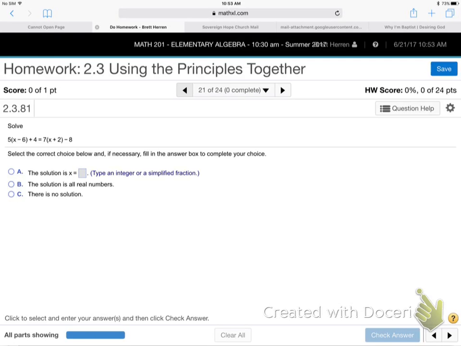Okay, 21. So I'll write it up here. 5 parentheses x minus 6 plus 4 equals 7 parentheses x plus 2 minus 8. There's the wall. Try that one. Solve for x.